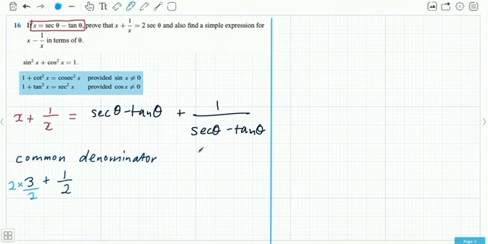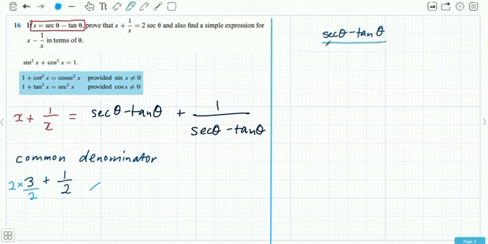Okay, so for this example, what we're going to have to do is take what we have there on the left side. So we've got sec theta, I'm just going to write this a bit smaller, minus tan theta. We're going to take the denominator, I'm going to do this in light blue just like I did here.